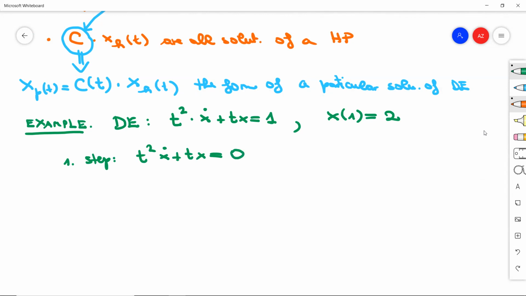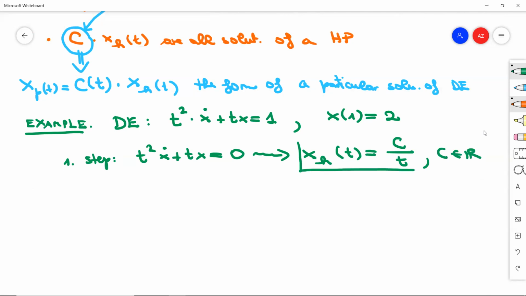And we won't do a long derivation, but you can do it by yourself by a separation of variables. The solution of this homogeneous part is c over t, where c is a constant. So this is the first step.